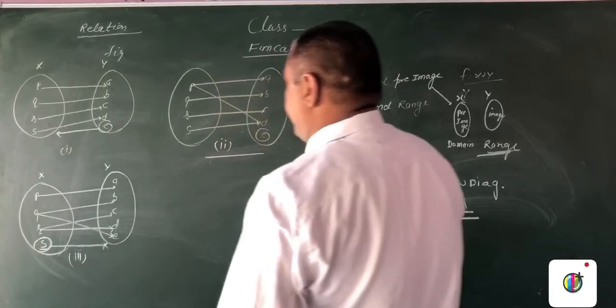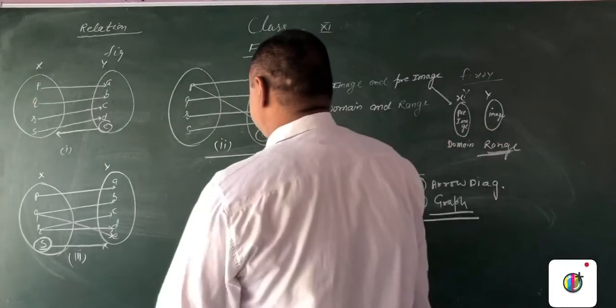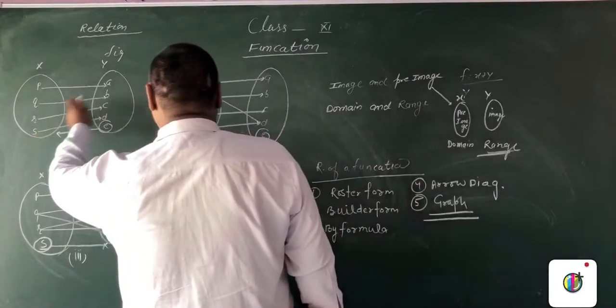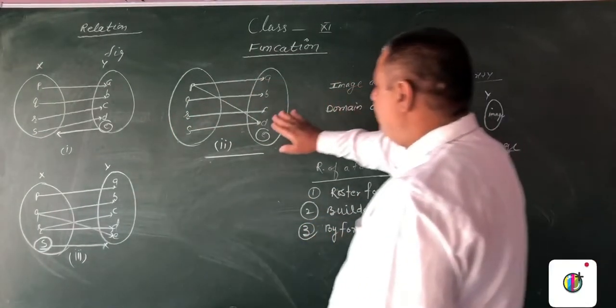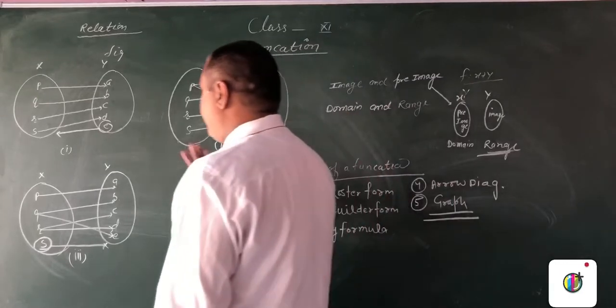So we observe that in the first two diagrams, each element of x has an image in y, at least one image in y.